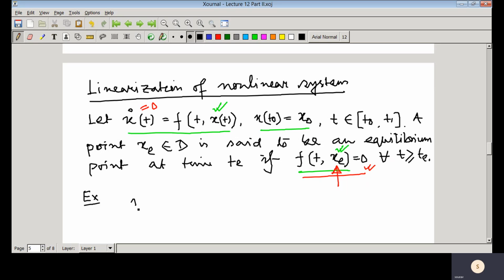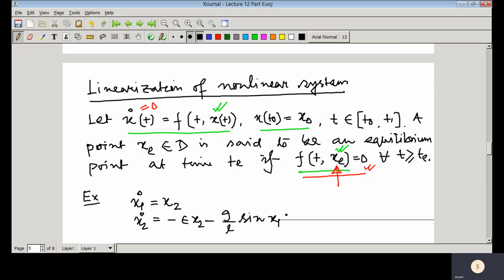Suppose you have x1 dot equal to x2 and x2 dot equal to minus epsilon x2 minus g by L sin x1.